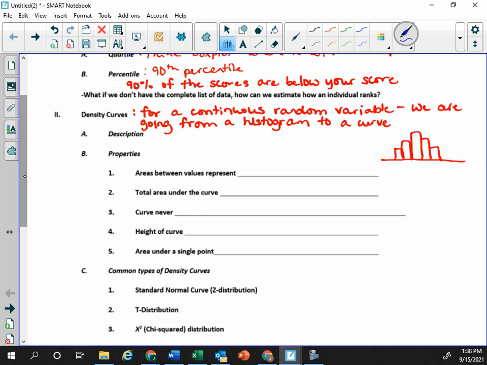When we're talking about a continuous random variable, you're not going to see these separations the way you do in a histogram, the different chunks. It's just going to be this curve that can follow a similar shape, but that's what we're talking about with a density curve. So a lot of the same ideas that we had with histograms, but now we're going to look at them as curves.